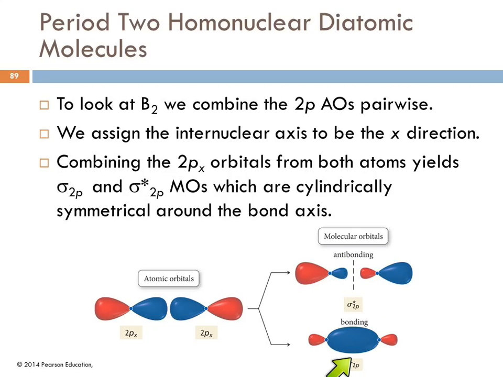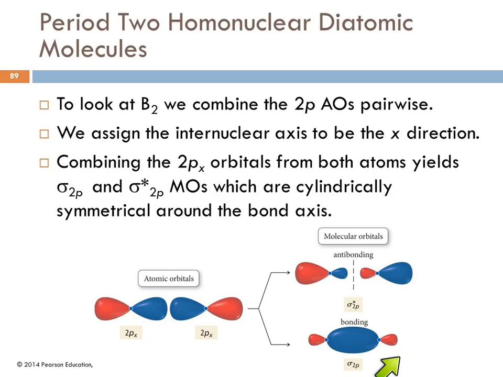And this is bonding. We assign this axis between the two atoms, the internuclear axis, as X. Then Y would be up and down, and Z would be in and out of the plane of the screen or board or whatever you're looking at.